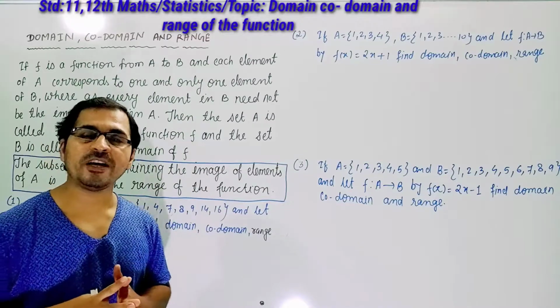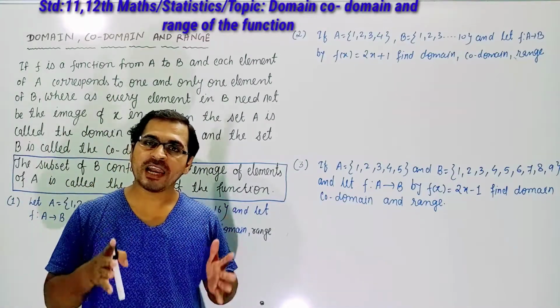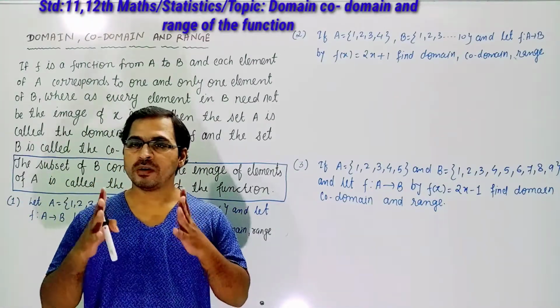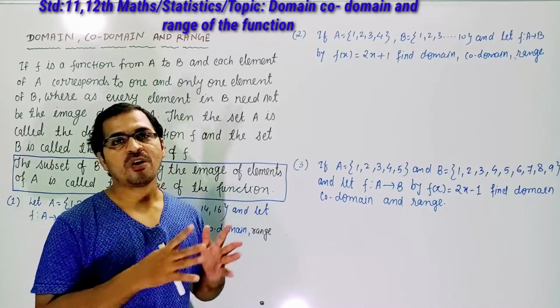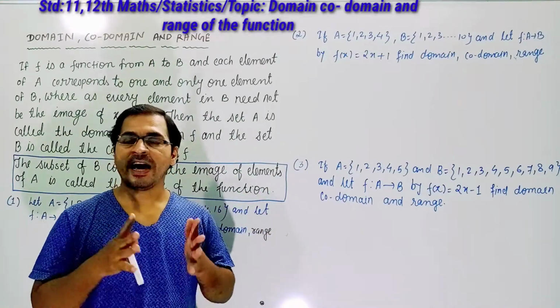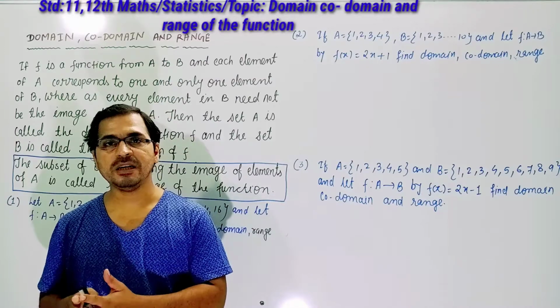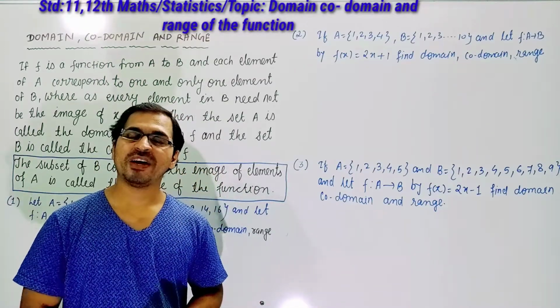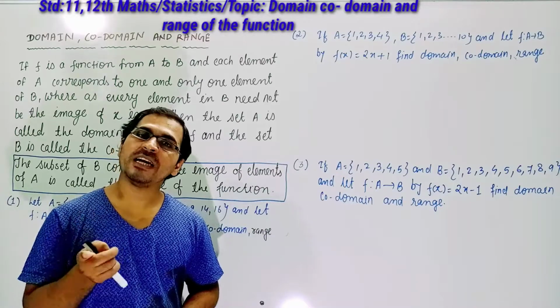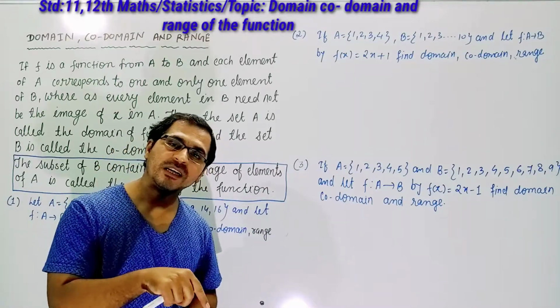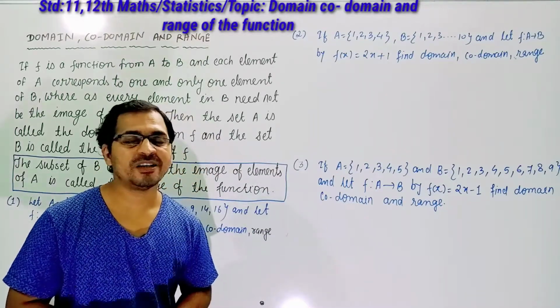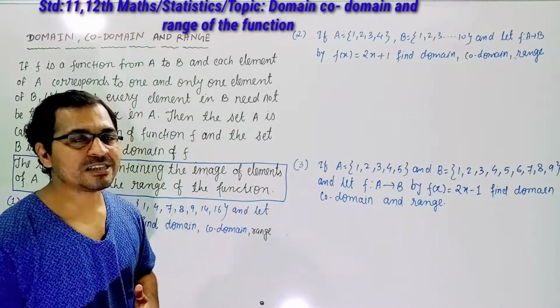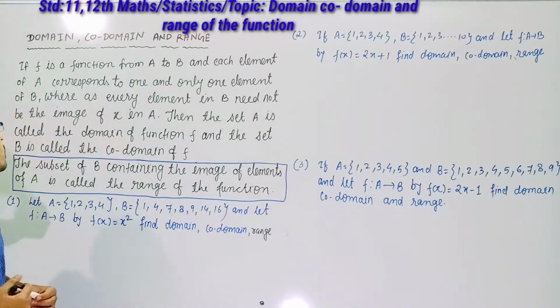In a very short way, the elements of set A are the domain, the elements of set B are the codomain, and the image of elements of set A in B is the range. Let us see the standard definition of domain, codomain and range.